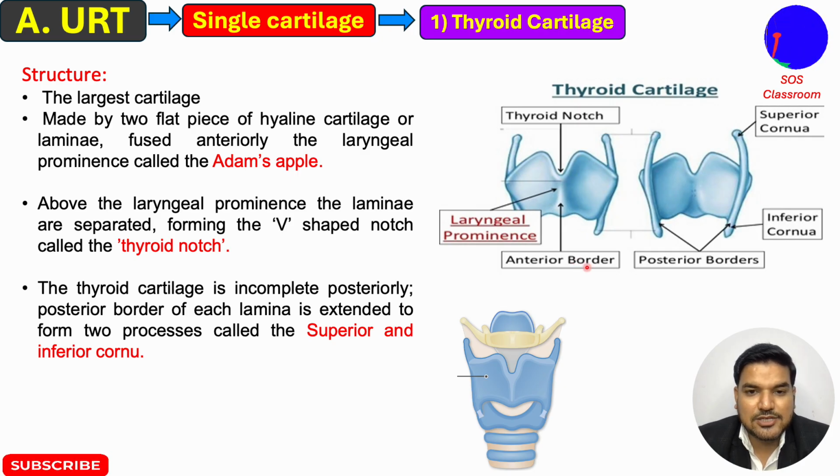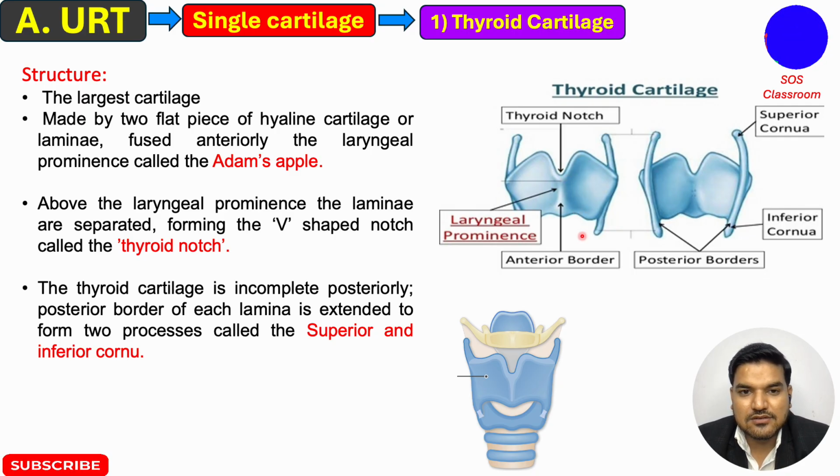So the thyroid cartilage is incomplete posteriorly, and the posterior border of each lamina is extended to form two processes called the superior cornua and inferior cornua. So this is the structure of the thyroid cartilage. The thyroid cartilage is made of two flat pieces of hyaline cartilage joined together, forming the prominent part anteriorly, called the laryngeal prominence or Adam's apple.